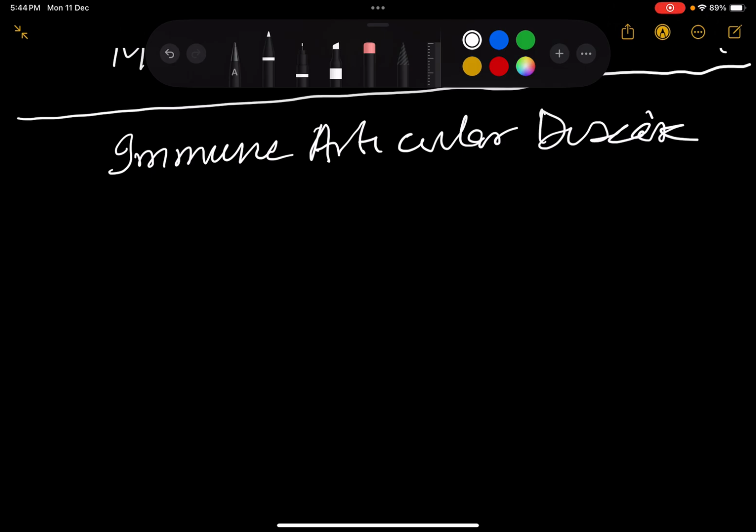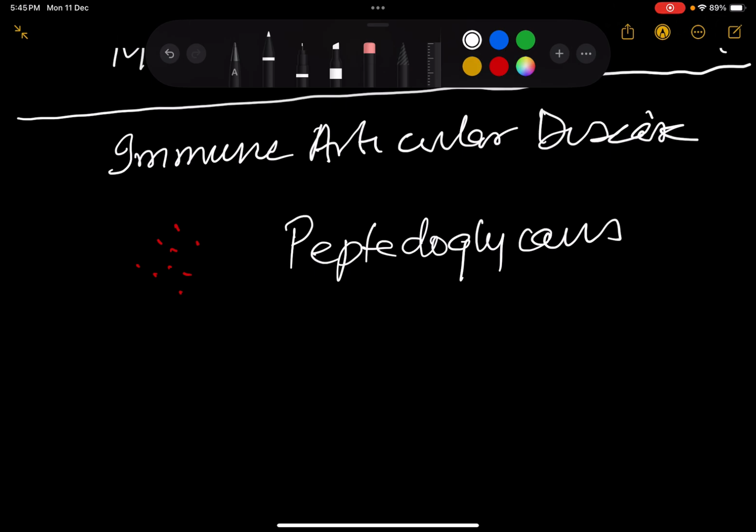So there is an antigen. This antigen is basically called peptidoglycans. So if a person with a particular HLA type, human lymphocyte antigen, which decides which cells are self, which proteins are self, and which proteins are foreign.